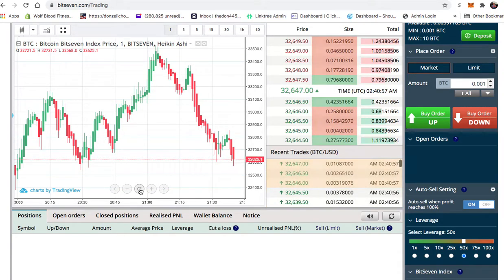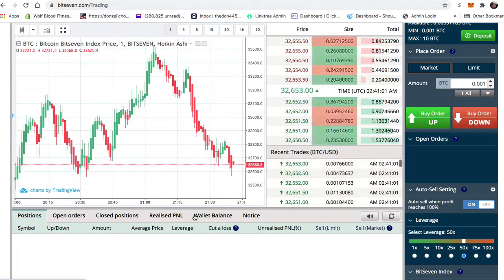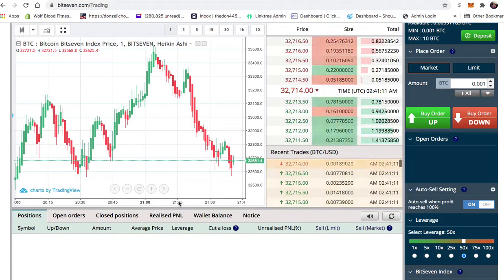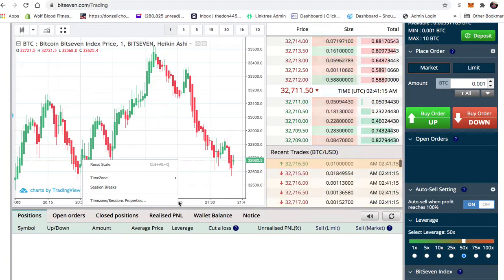Now here's another thing. I don't know what time zone you might be in, but if you put your cursor over the chart down here on the times, hit your right click on them, or if you're like me on a Mac, you hit Control and then click.